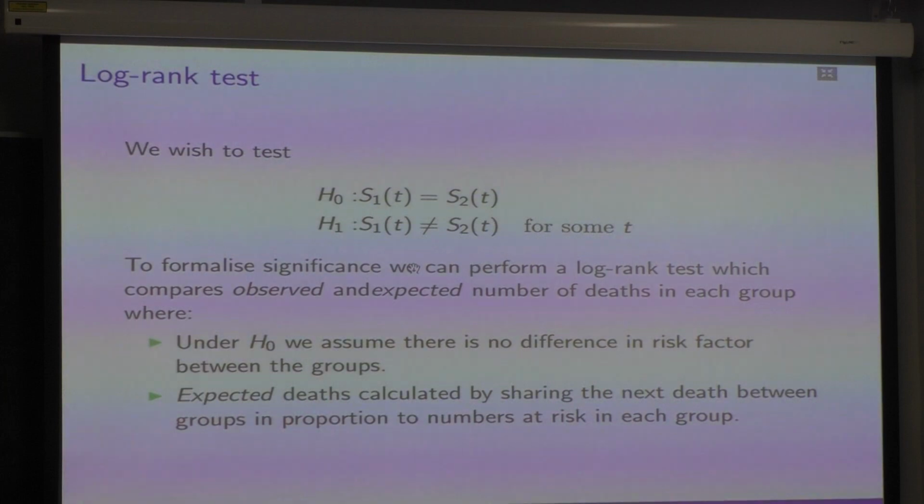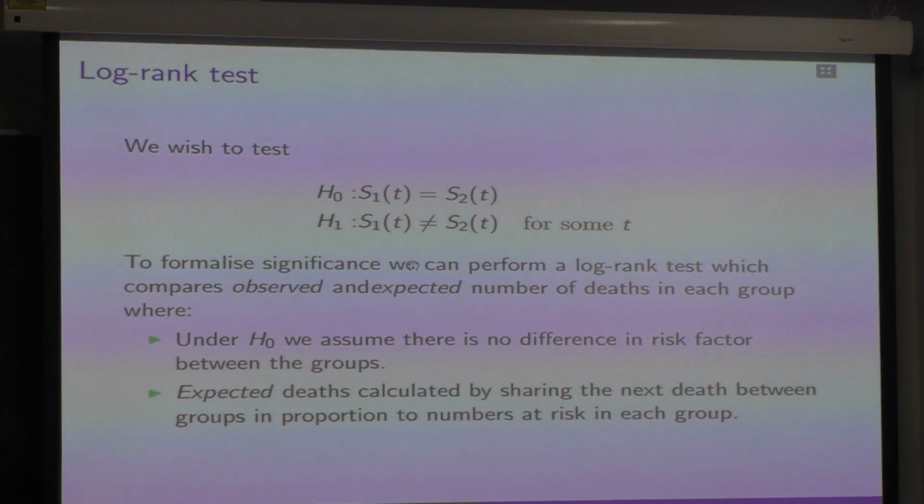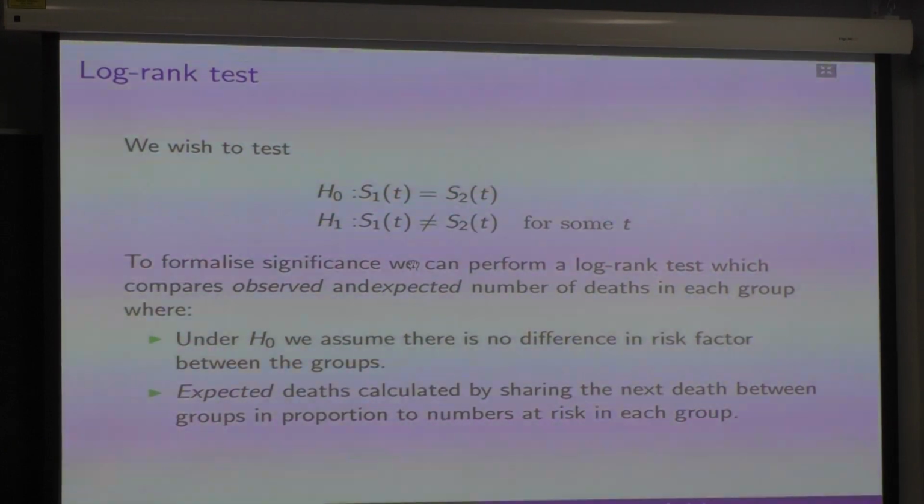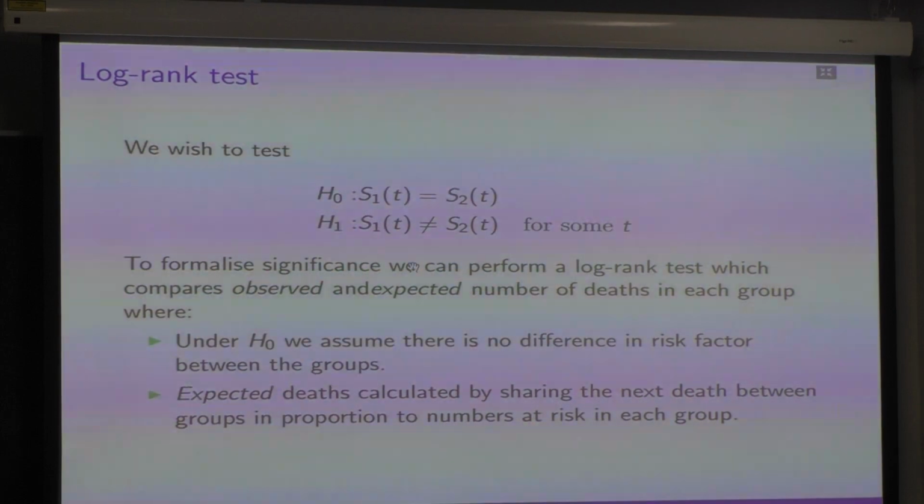So what we're going to try and do is formalize that question into our standard statistics idea, which is a hypothesis test. All hypothesis tests have 3 steps. The first step is write down what my null and my alternative hypothesis is.